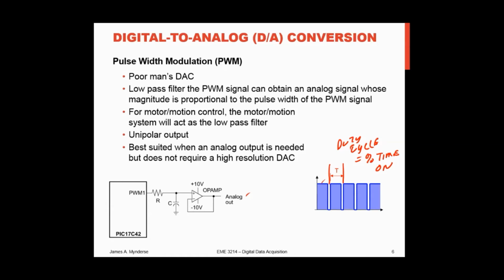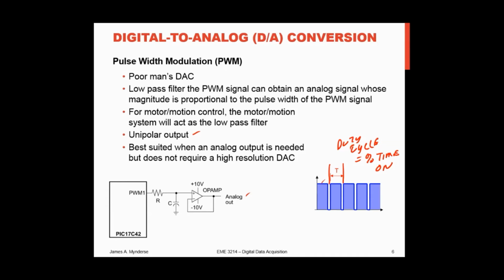If I'm controlling a motor or a light or something like that, I don't really need this stuff. Just the mass of the motor and inertia and the time constants of the mechanical system will act as a low-pass filter for me. So if I'm controlling a motor, I can just send that pulse width directly to our motor controller. It's unipolar. It only goes between 0 and the reference voltage.